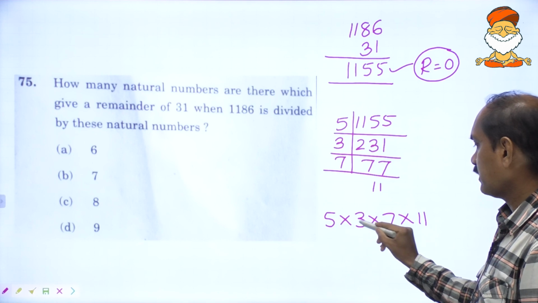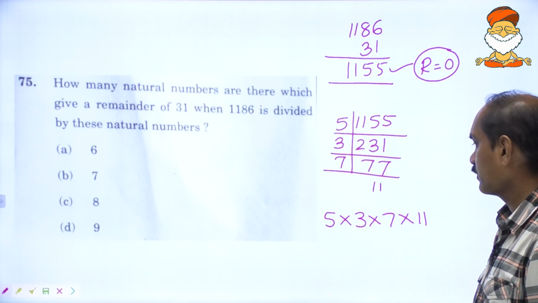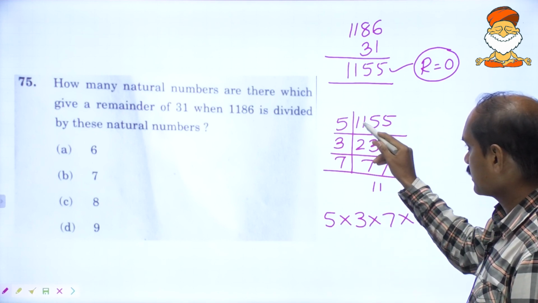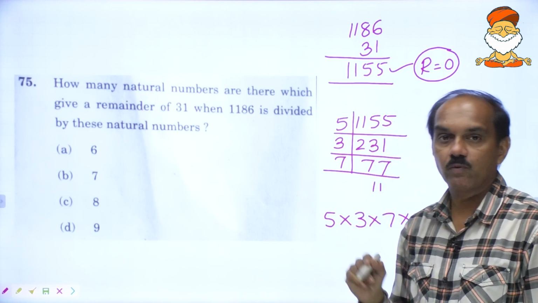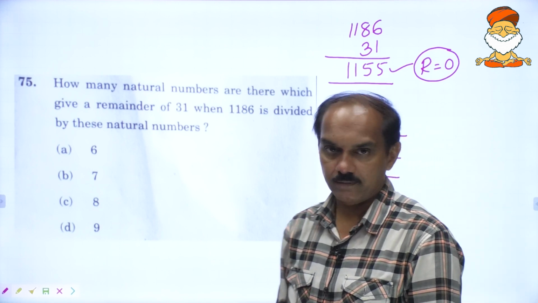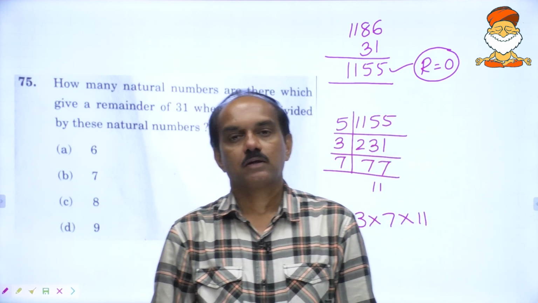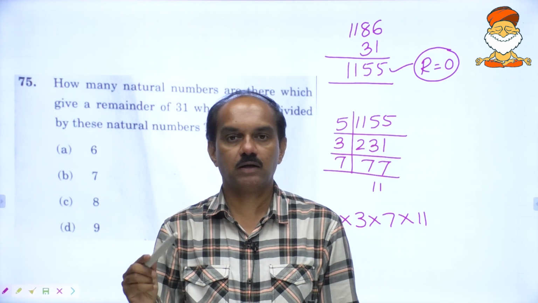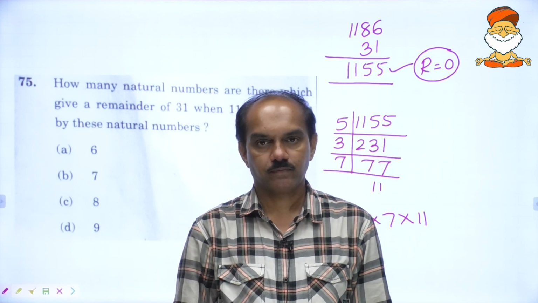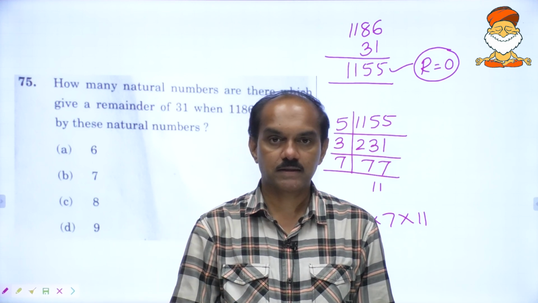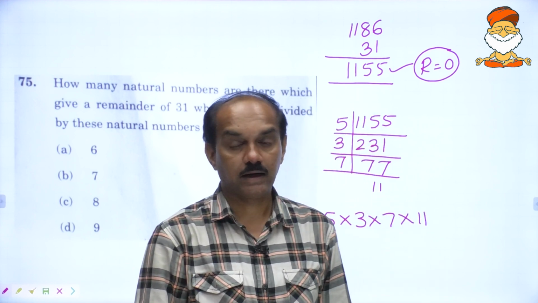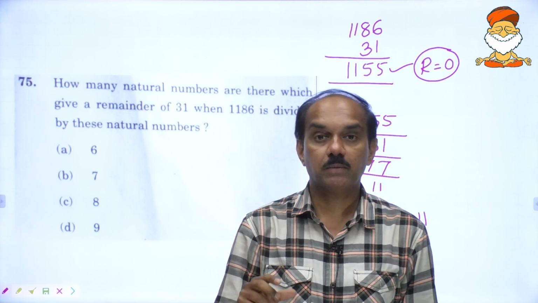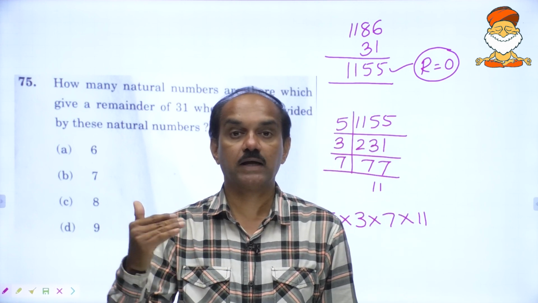And if you take 5 3s are 15, 15 can also divide this number and the remainder will be 0, but we want the remainder to be 31. Whenever we divide a number by 15, we will get the remainder less than 15, but we want the remainder to be 31. That is the reason why we must get a number which is more than 31.